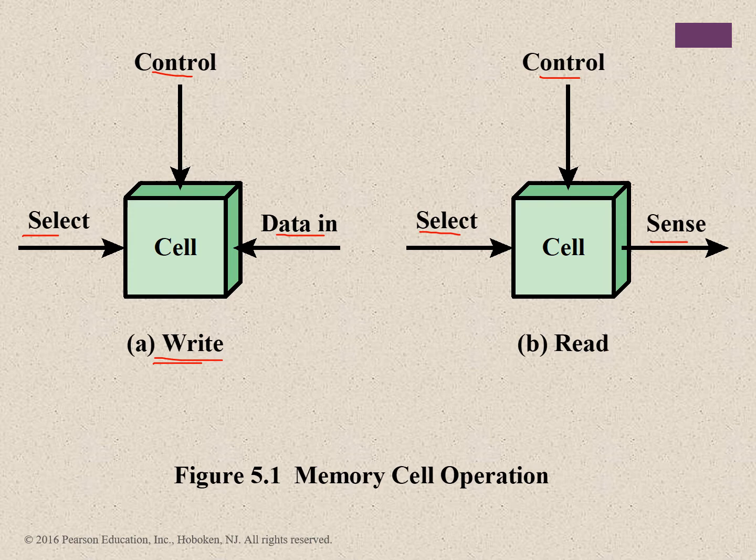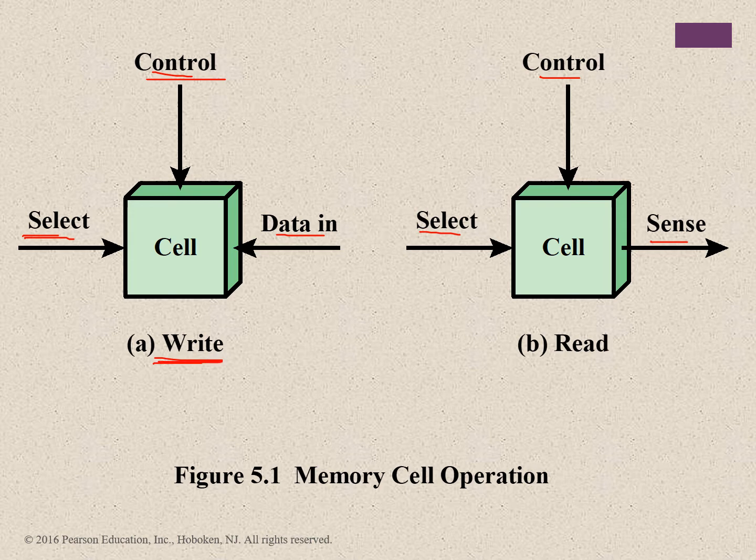The select terminal selects the memory cell for read or write operation. The control terminal indicates whether the operation is going to be a read operation or write operation. For writing, let's say I'm going to write data onto the memory cell.